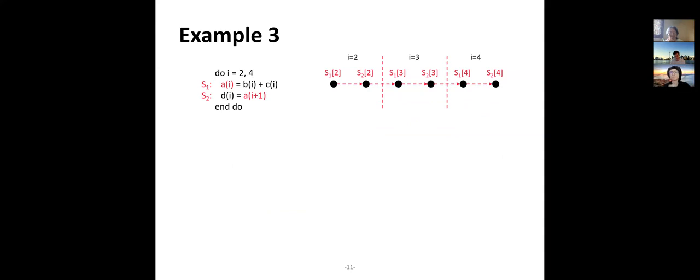Okay, let's look at another example. Again, I'm keeping it as simple as possible for you so far. So we're going here, and now we're going with indexes going up. And you see the only thing I have here is an anti-dependency, right?